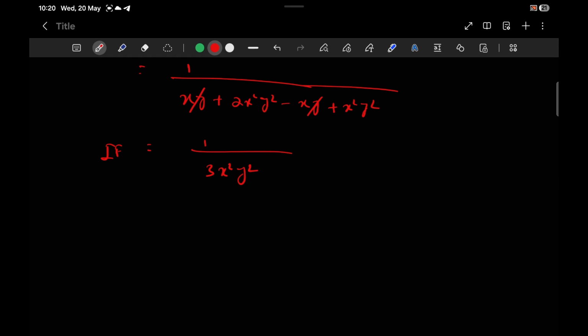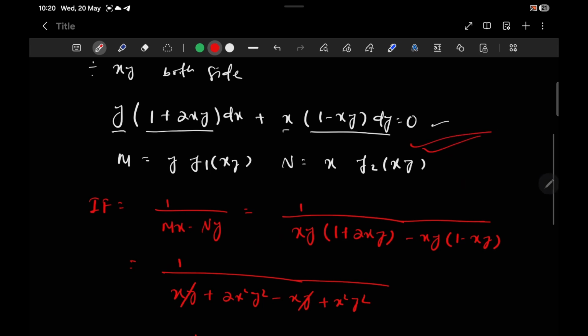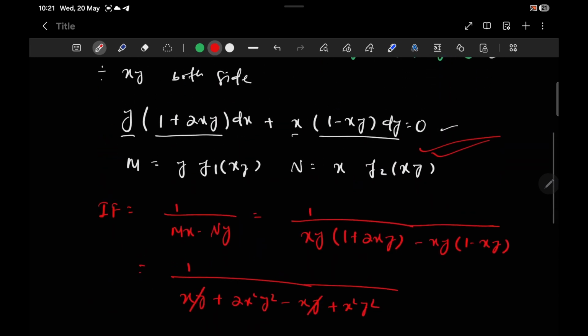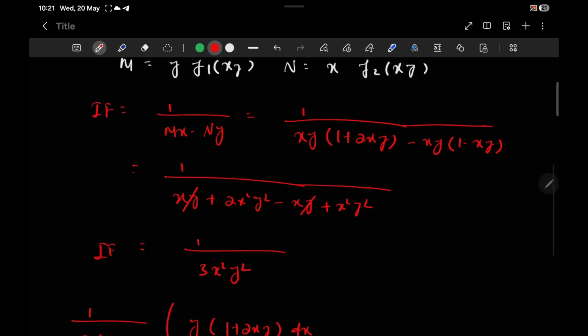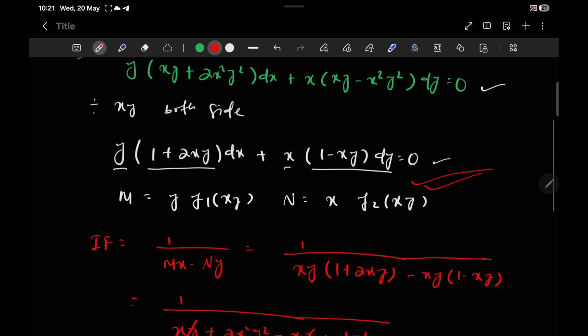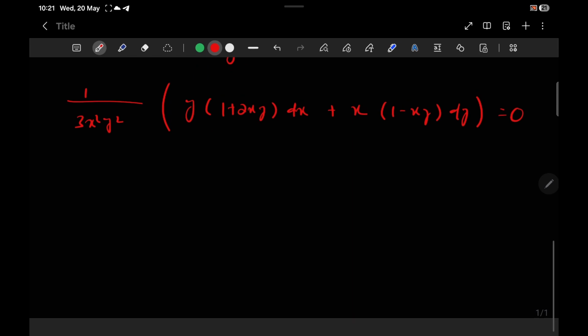Now we have to multiply the equation by this. So 1/(3x²y²) multiplied by y(1 + 2xy) dx + x(1 - xy) dy = 0.